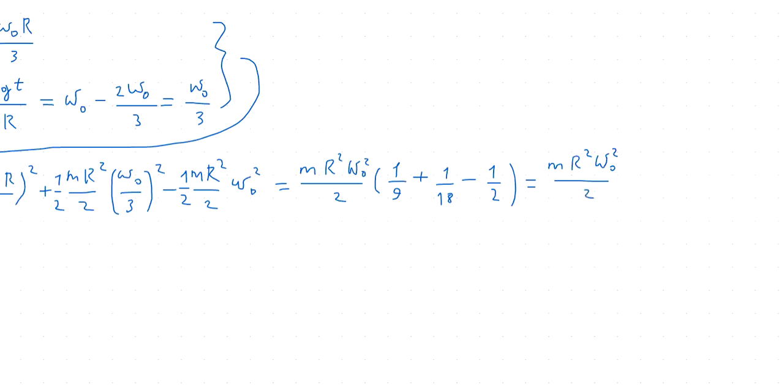And it will be 2 plus 1 minus 9 divided by 18.